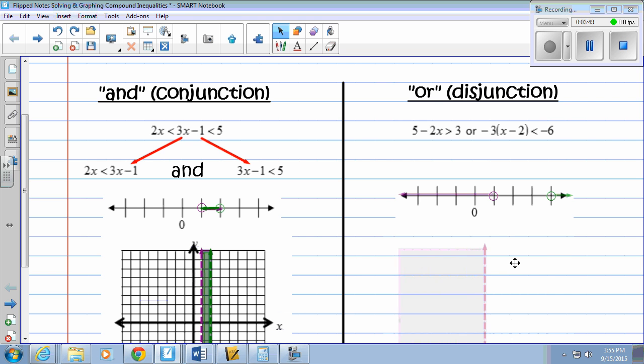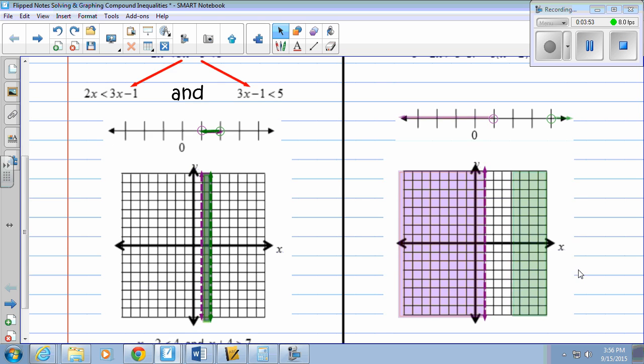And again, if we were to graph this on a coordinate plane, we have x is less than 1 and x is greater than 4. Any solution that's within our shaded region would work. Whereas with an and solution, we're looking for only a solution that fulfills both the purple and the green at the same time.